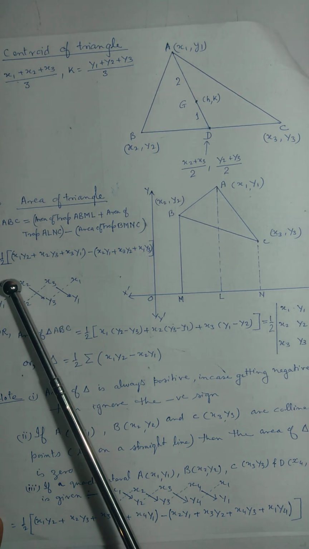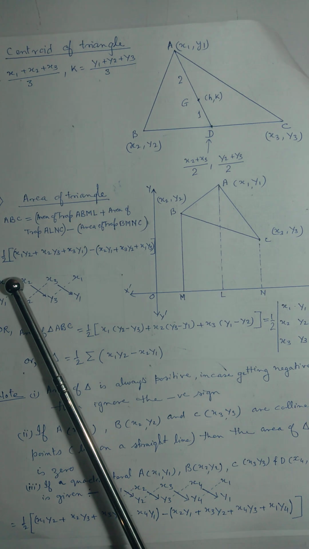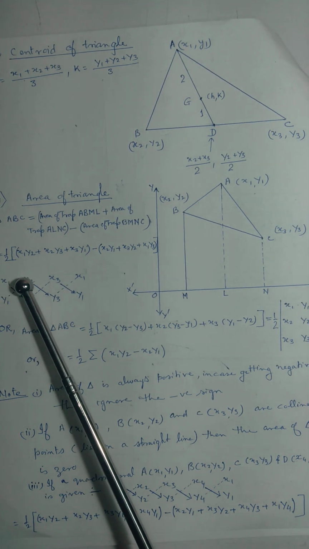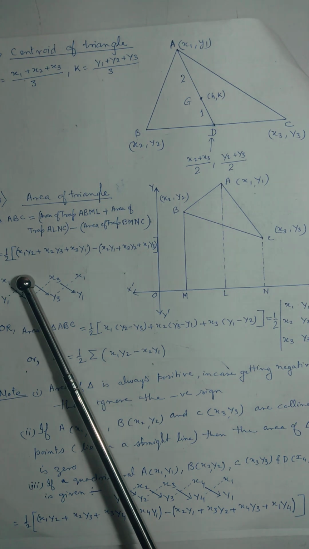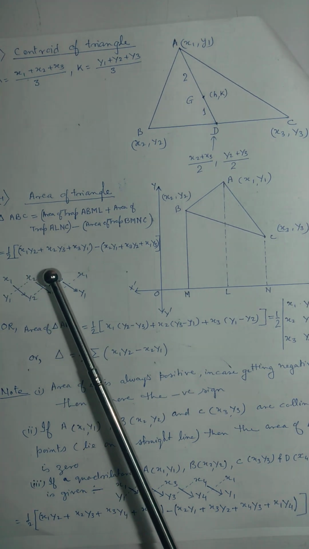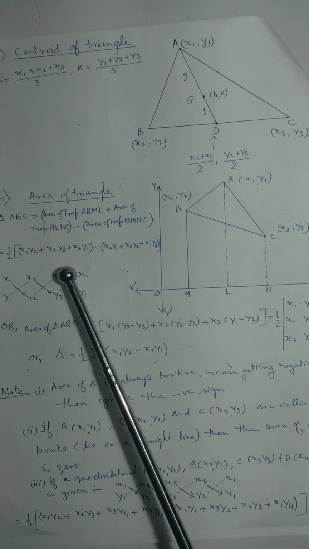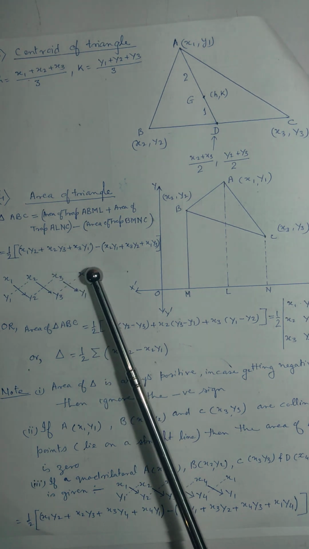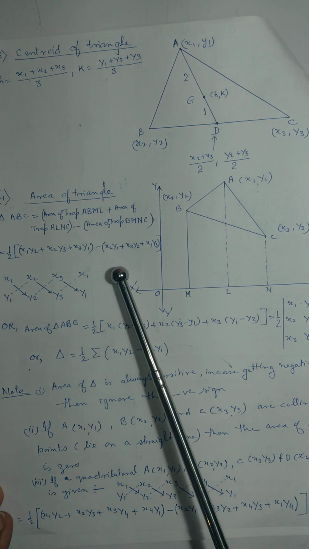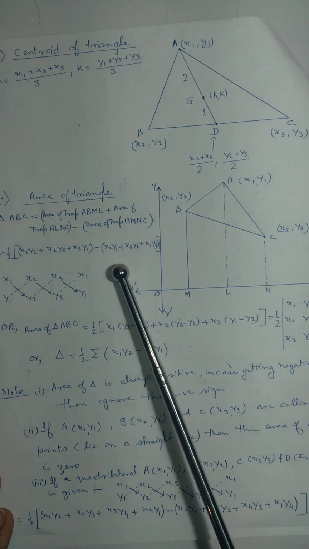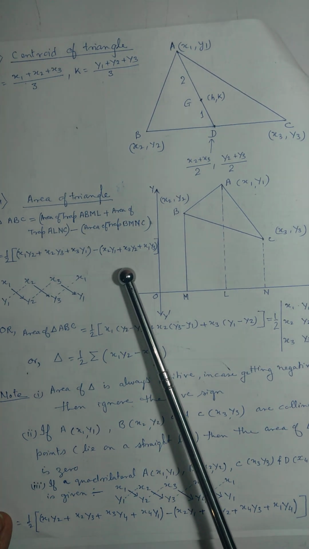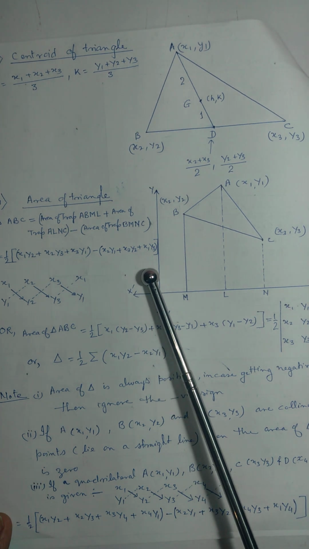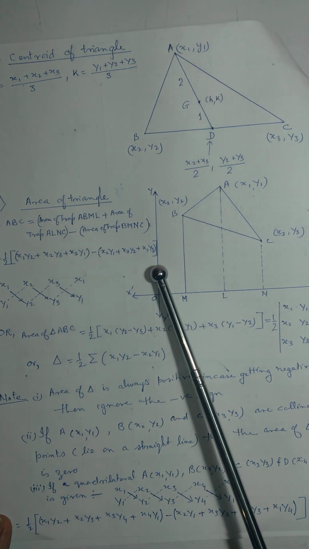Just to apply the formula, it will be equal to 1 upon 2 of x1 into y2 plus x2 into y3 plus x3 into y1, minus, in bracket, x2 into y1 plus x3 into y2 plus x1 into y3.